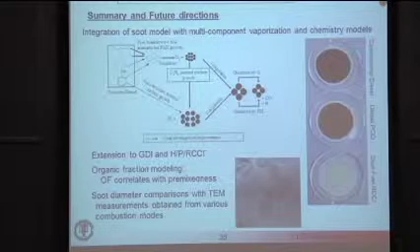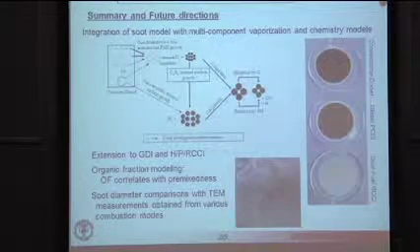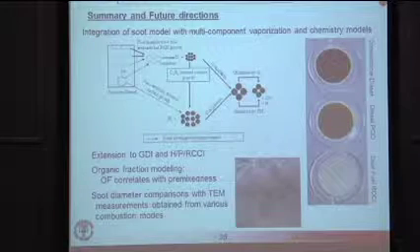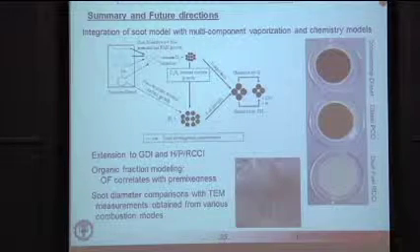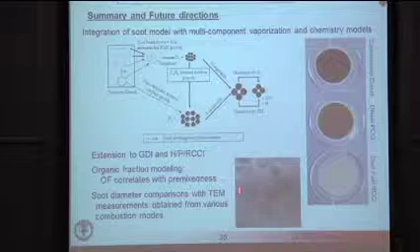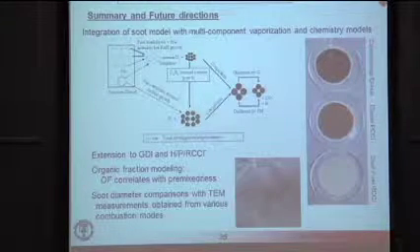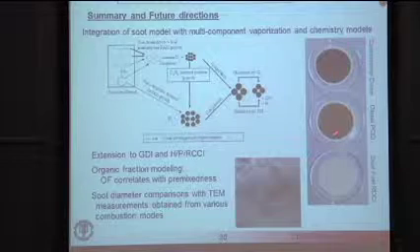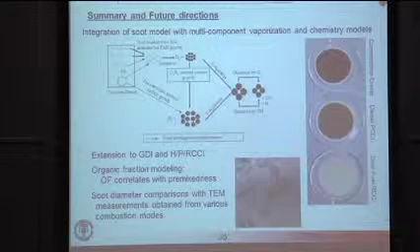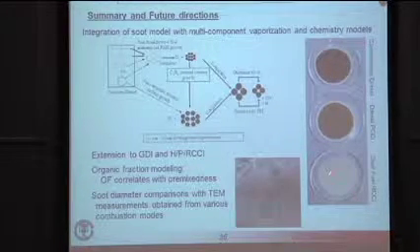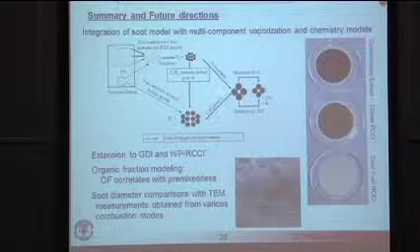We're collaborating with people at Pacific Northwest Labs, and they have taken some of our soot samples and examined them with TEM. Basically, they find the soot looks very different when you compare these different operating conditions. In particular, for RCCI, you can't really call it soot anymore.